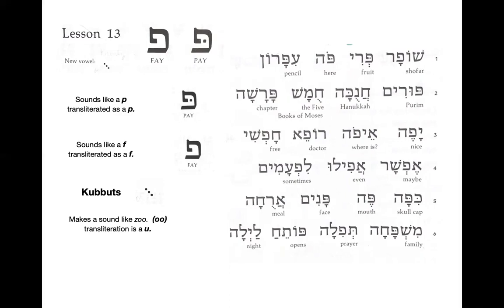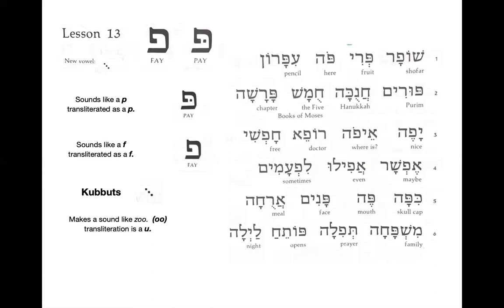So let's look at line 1. Shofar, pri, po, iparon. Line 2. Purim, Hanukkah, hamash, parasha. Line 3. Yafe, efo, rofe, hafshi.